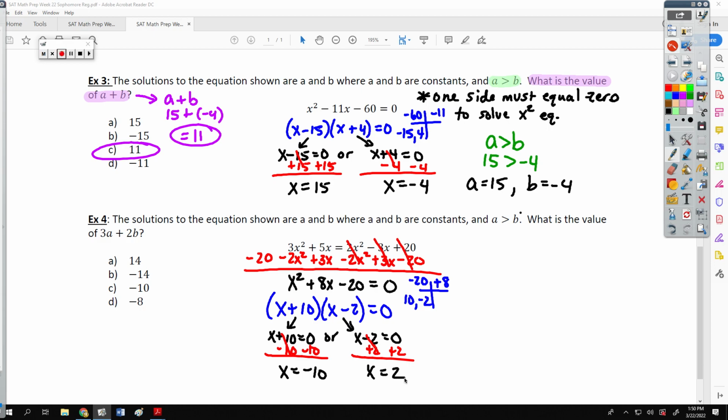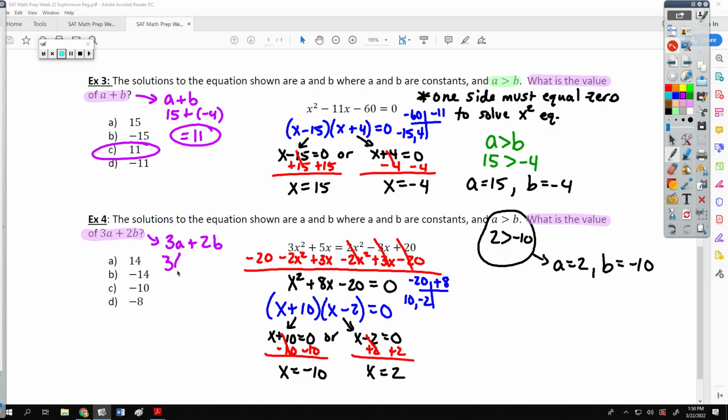Now again, right here it says a is greater than b. Well, 2 is greater than negative 10. So that tells us that a is 2 and b is negative 10. Now that we know the values of a and b, we are able to answer the actual question, which was, what is 3a plus 2b?